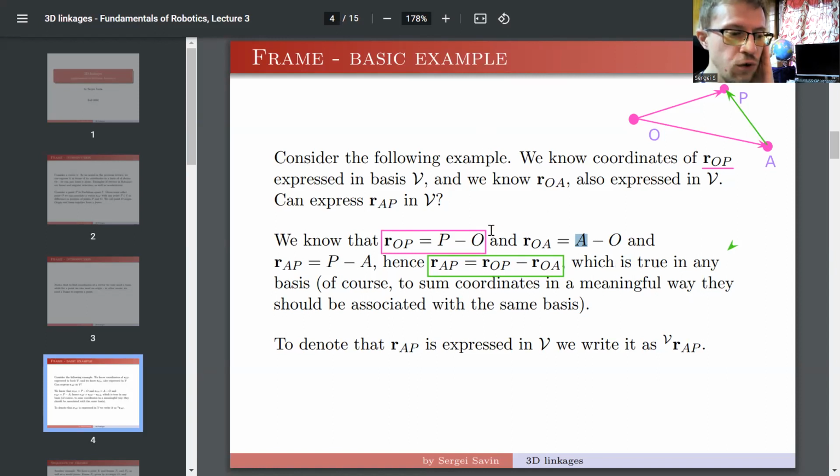Like if you, for example, just express coordinates of P, coordinates of O, coordinates of A, and then do this whole arithmetic, effectively what you do is you abandon our vectors, R sub OA, R sub OP, and instead you create new vectors with respect to your origin of choice, which is fine.